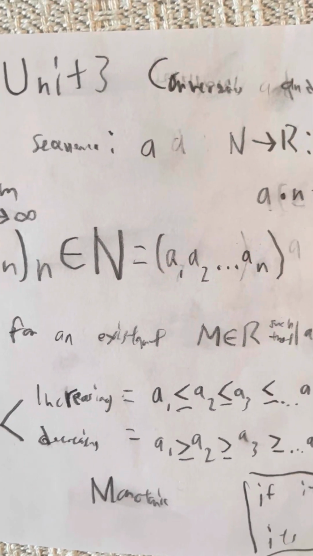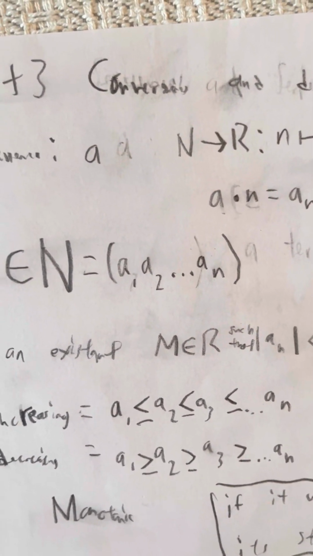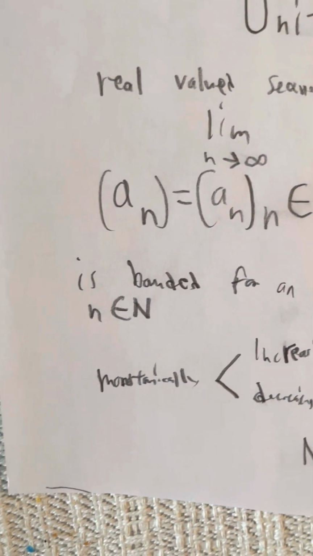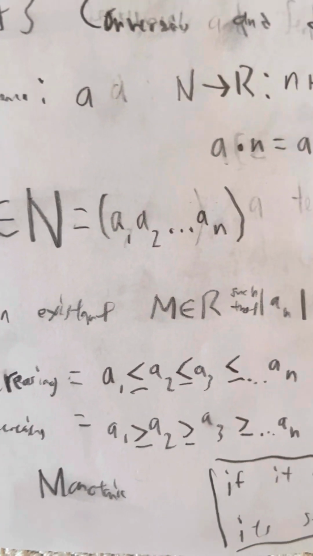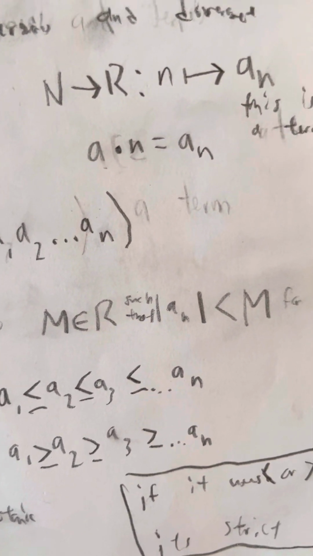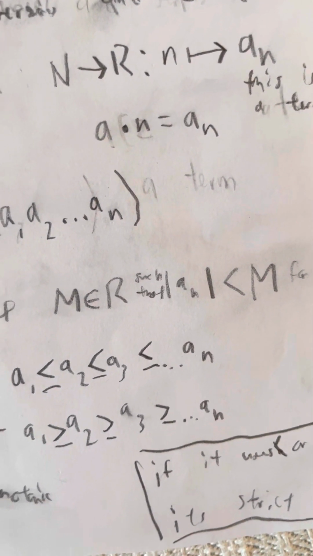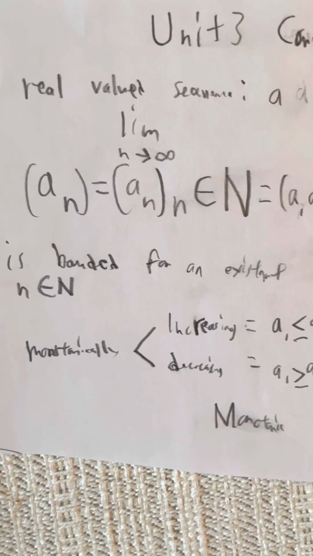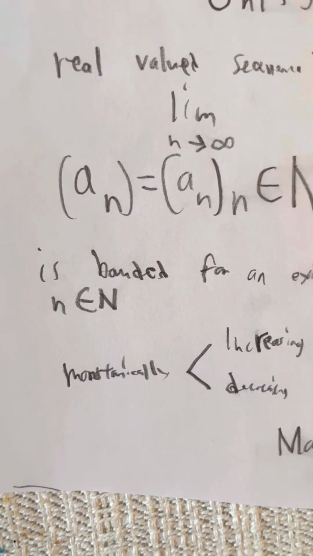A sequence a sub 1, a sub 2, up to a sub n is bounded if there exists an m, an element of R, such that the absolute value of a sub n is less than m for all n, an element of capital N.